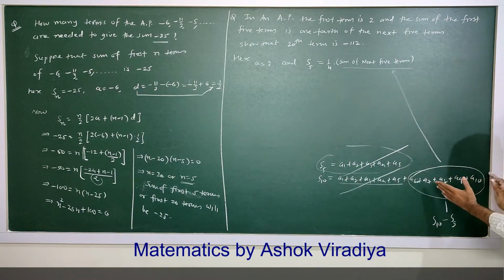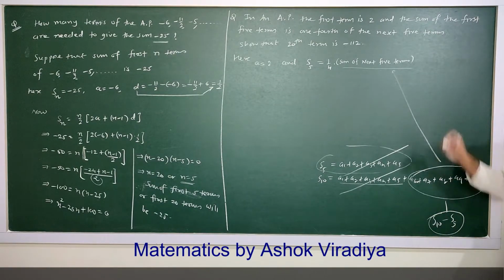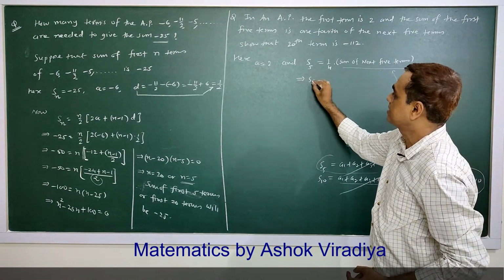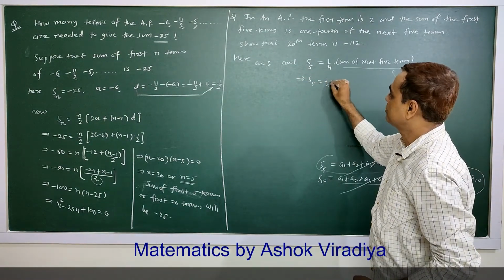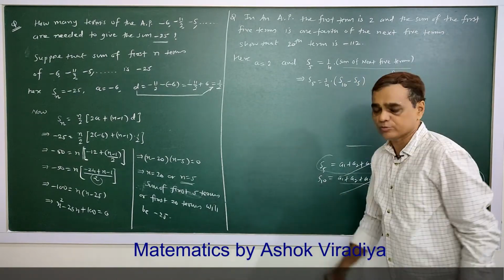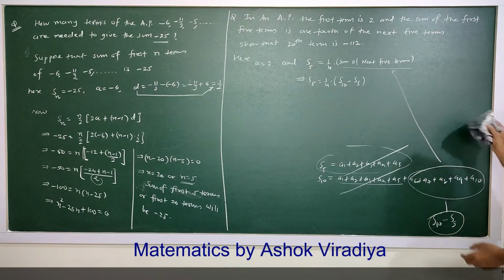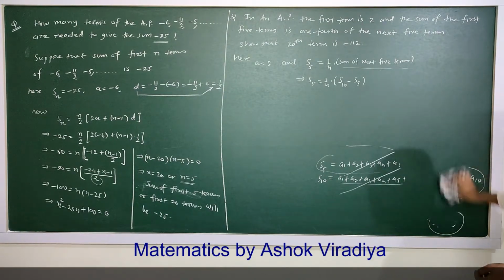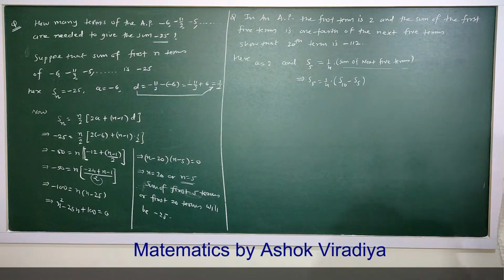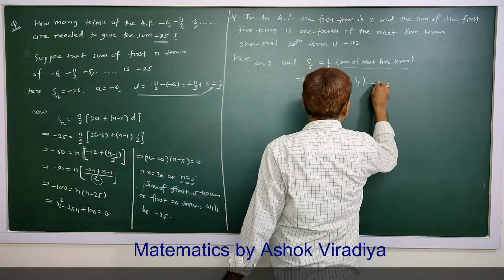What is left is the sum of the next 5 terms. So this can be expressed as S5 equals 1 by 4 into S10 minus S5. Always remember this method for expressing the sum of the next 5 terms or next 6 terms, whatever you need. Now we call this equation 1.